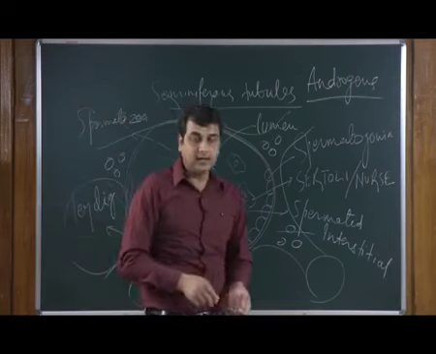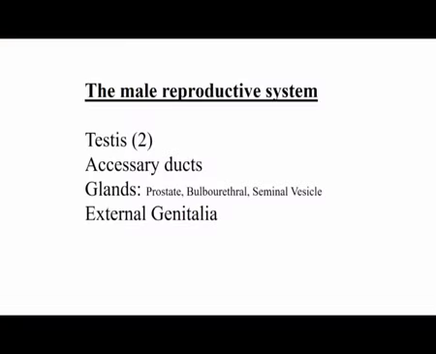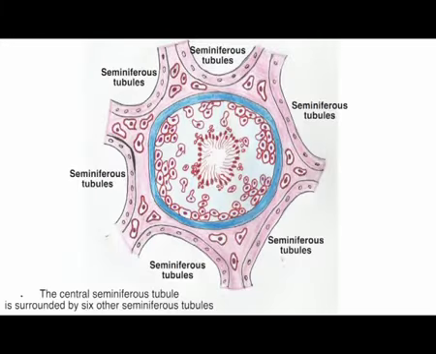Let us go and see in the slide the distinct features of a seminiferous tubule. The same thing we discussed here, we will discuss in slide form. Let us look at this diagrammatic representation of seminiferous tubules. We have this seminiferous tubule here, and this tubule is lined by these cells which we call spermatogonial cells or spermatogonia.